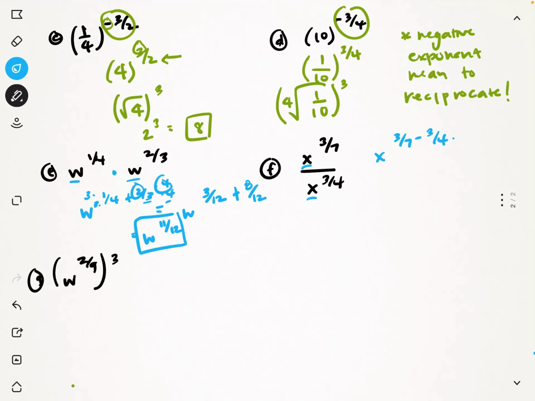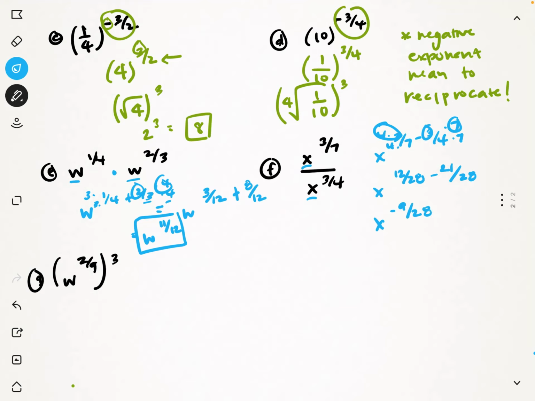Our common denominator would be 28, so I'm multiplying by 7 on the left side and by 4 on the right side. So this is going to be x to the 12/28 minus 21/28, which is x to the negative 9/28.